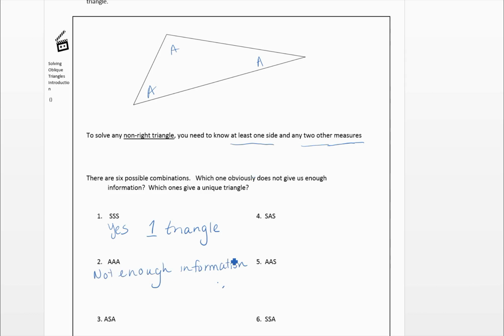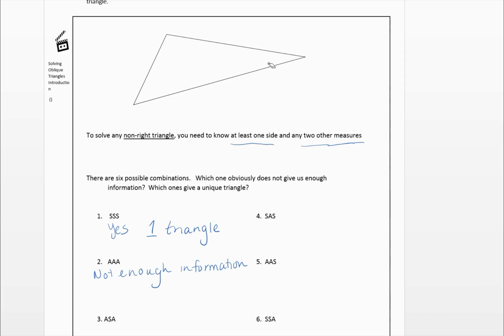Similar triangles are triangles that have the exact same angles, but have different length sides. For example, if you think about a 45, 45, 90 triangle, you could have a 45, 45, 90 triangle with sides 1, 1, and square root of 2. Or you could make it bigger and have 2, 2, 2 square root of 2. So those are dilations of each other. You can scale them. So angle, angle, angle would not give you enough information.